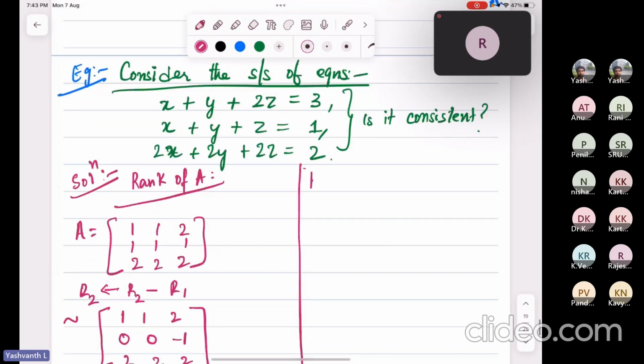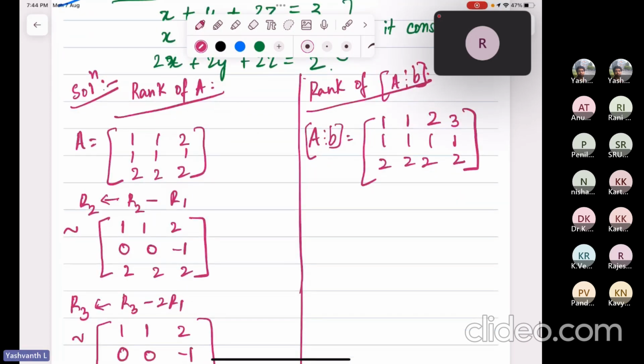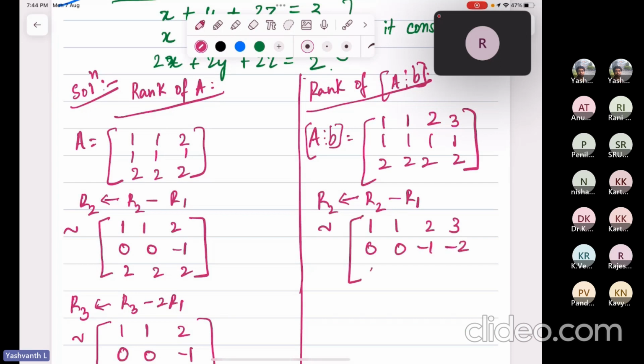Now let's compute rank of A augmented with B. The matrix is 1 1 2 3, 1 1 1 1, 2 2 2 2. Then R2 becomes R2 minus R1, that gives 1 1 2 3, 0 0 minus 1 minus 2, 0 0 minus 2 minus 4.